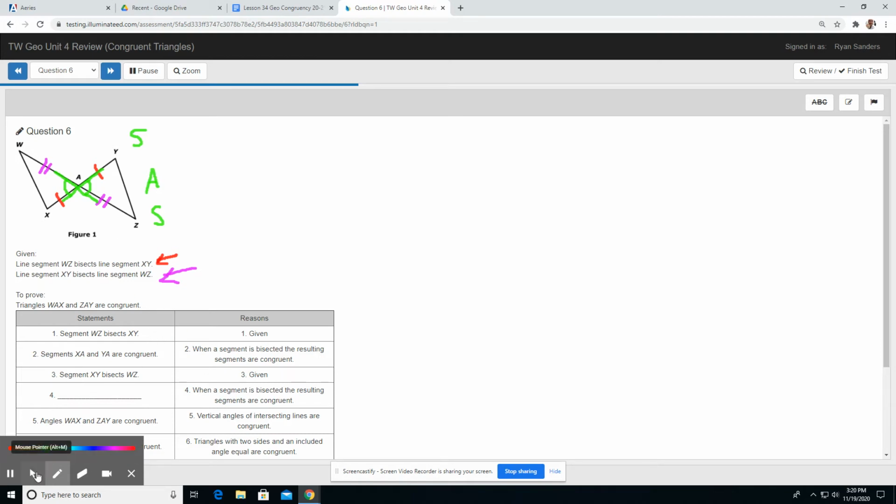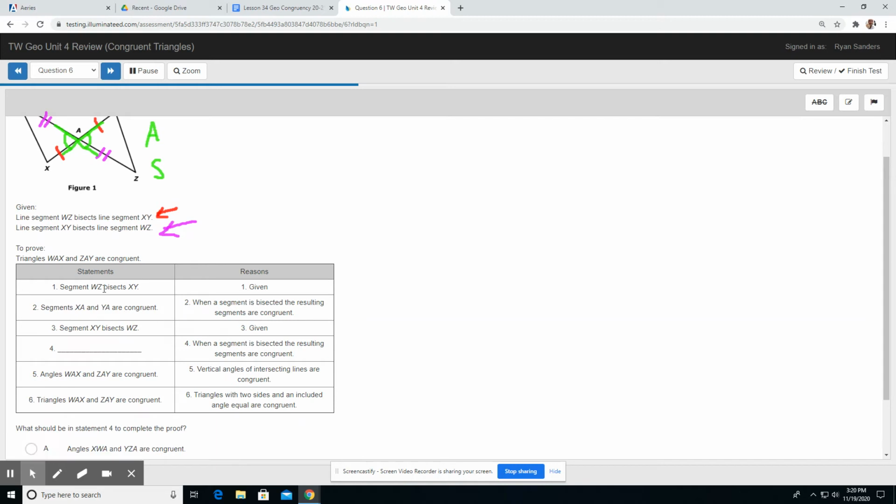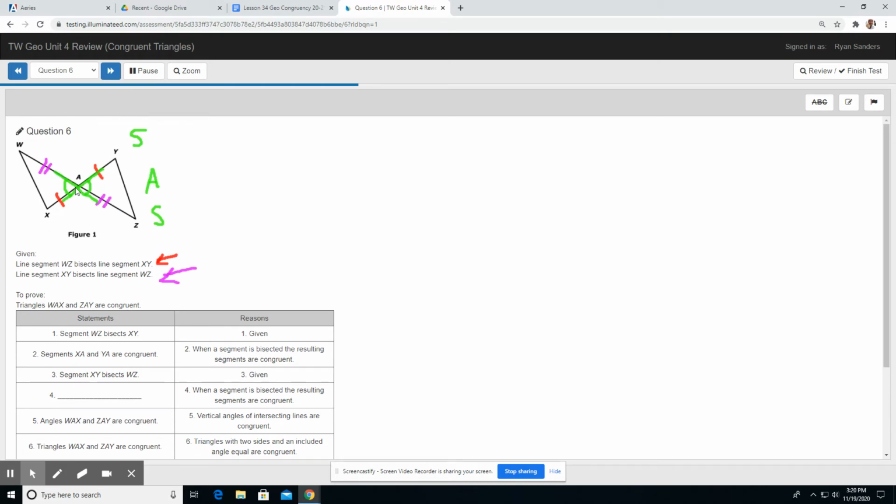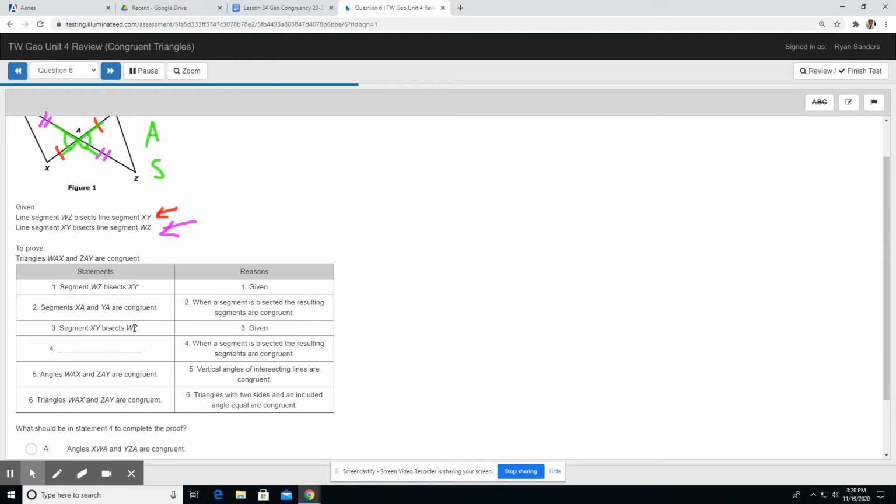All right, so let's go through their definition and we'll fill it out. Segment WZ bisects XY, that's given. Segments XA and YA match, because that's the definition. When segments are bisected, the resulting segments are congruent. Segment XY bisects WZ, that's given.